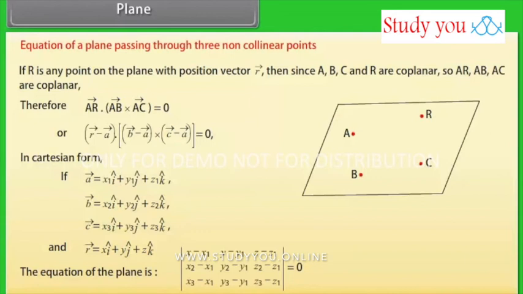First row: x minus x1, y minus y1, z minus z1. Second row: x2 minus x1, y2 minus y1, z2 minus z1. Third row: x3 minus x1, y3 minus y1, z3 minus z1, equals 0.